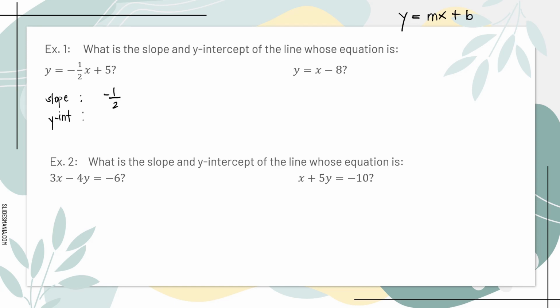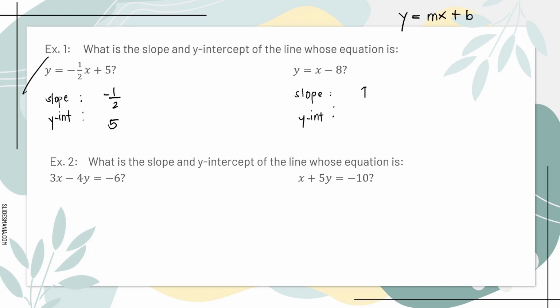Okay? So it will identify kung ano itsura ng graph mo. Whether it rises from left to right or it falls from left to right. While your y-intercept, ito siya, your b, so positive 5, just 5. Okay? So, this is correct already. Next, for the second example, so identifying the slope of this one, even if there's no leading coefficient before x, that is simply 1.